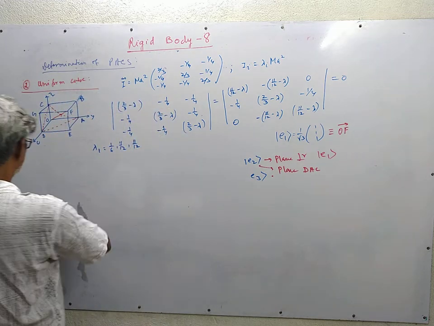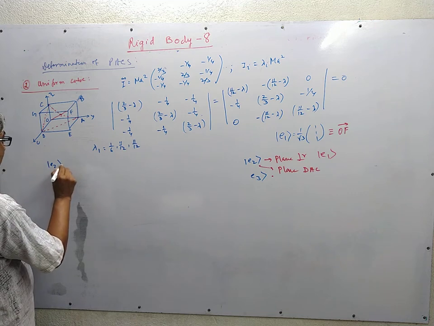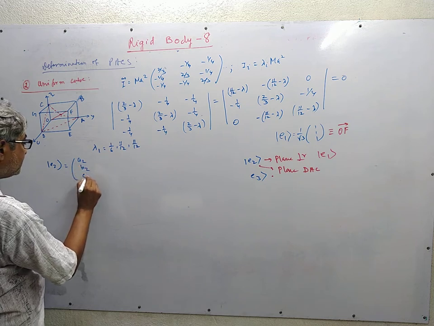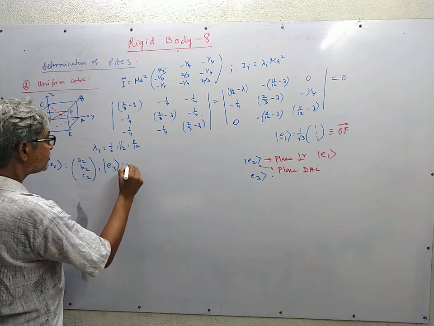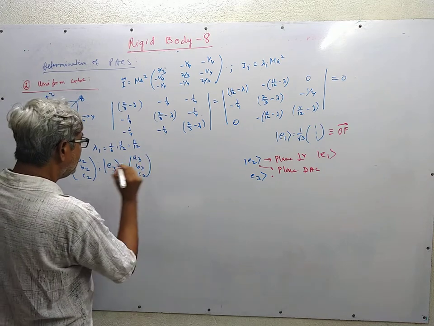To simplify notation, we write E2 is equal to (A2, B2, C2) and E3 is equal to (A3, B3, C3).